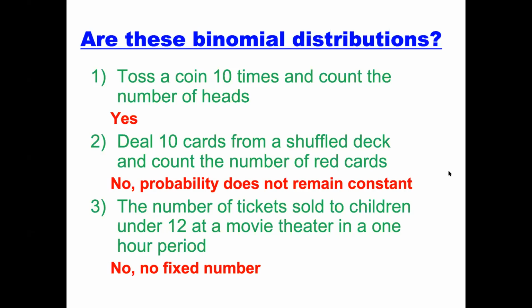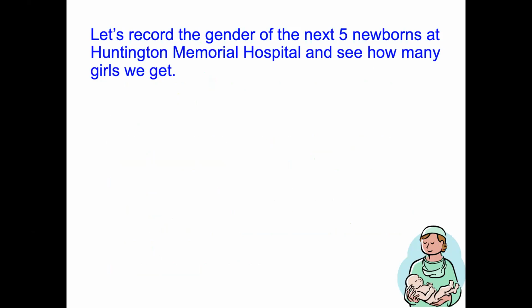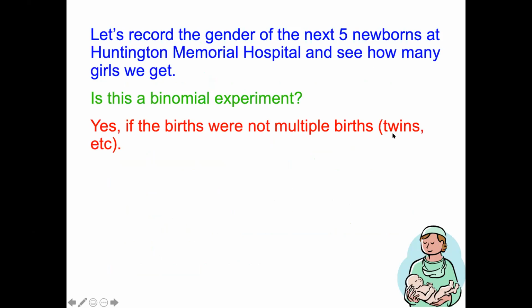All right, so now that we know how to tell it's a binomial distribution, let's use our calculators and answer some probability problems based off of the situation. So our example is, let's record the gender of the next 5 newborn babies at Huntington Memorial Hospital and see how many girls we get. So this is a binomial experiment.